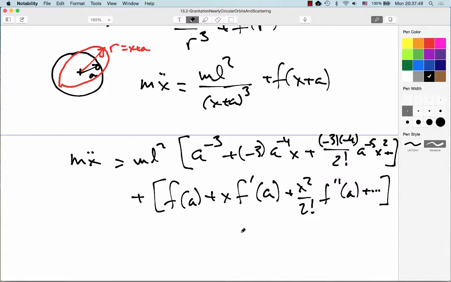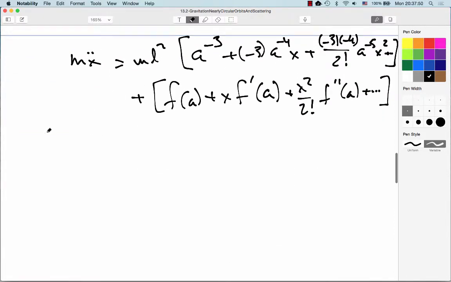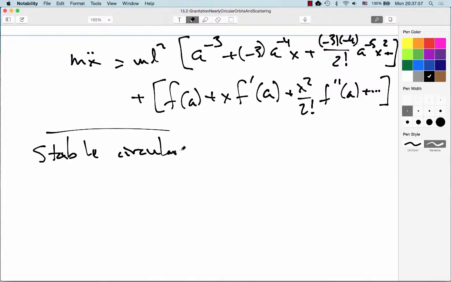All right, now for a stable circular orbit, in that case, my x is just 0, and m x double dot will just plain become 0.